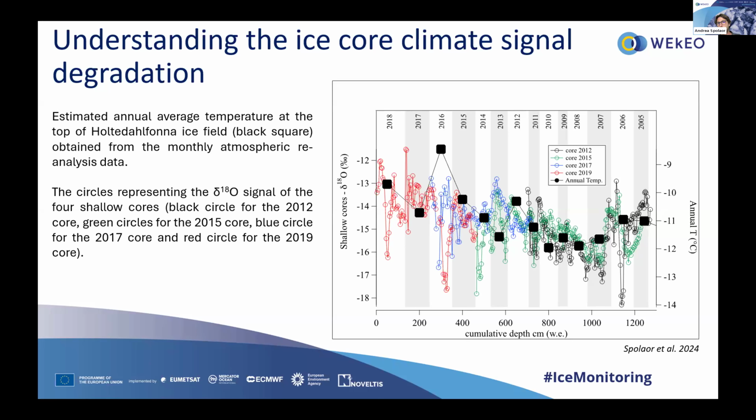So although the signal is deteriorating quite fast, somehow the general trend of the atmosphere is still present there. We are still able to use the site for a general reconstruction of the past temperature variability.